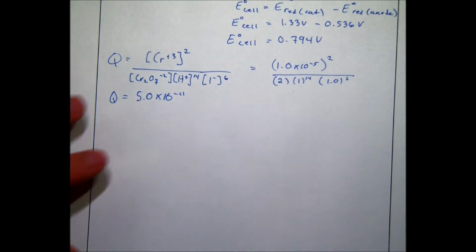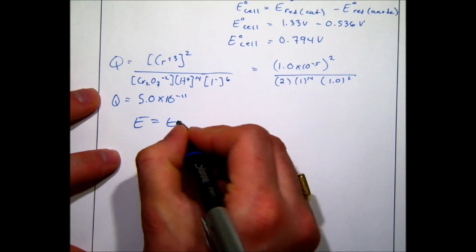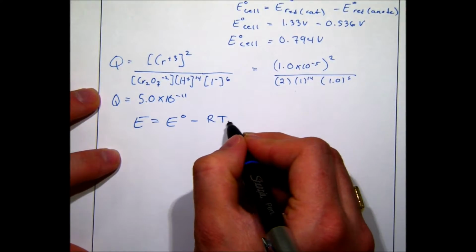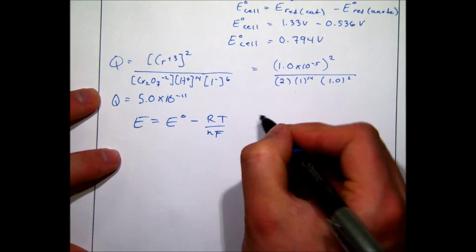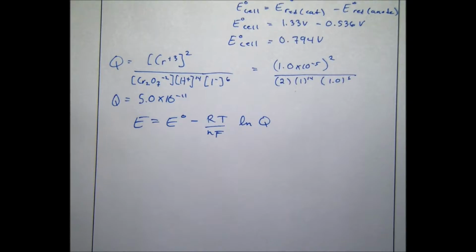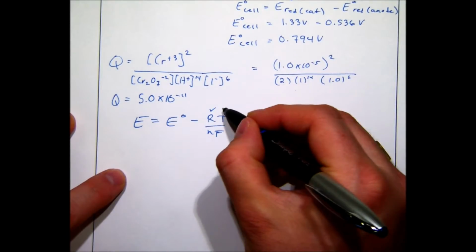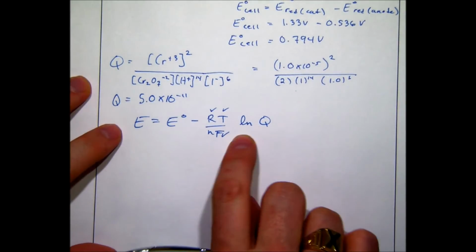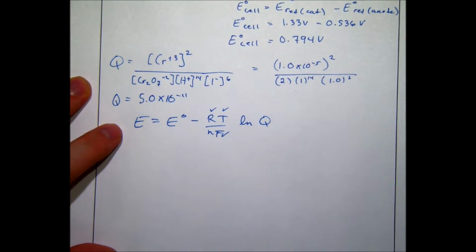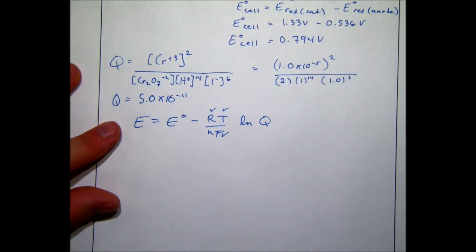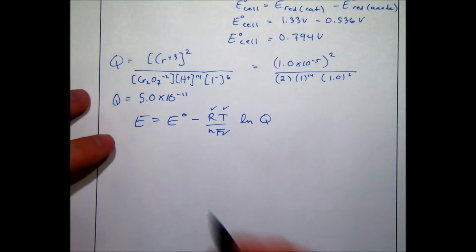Now we're going to go to the Nernst equation. So the Nernst equation is E equals E standard minus RT over nF ln Q. Well, in situations where R, T and F are constant, at 298 Kelvin, we can actually convert this. And also, we're dealing with natural logarithms, so we're going to deal with that too. We're going to make the conversion to a base 10 logarithm, and then blend the rest of this together.